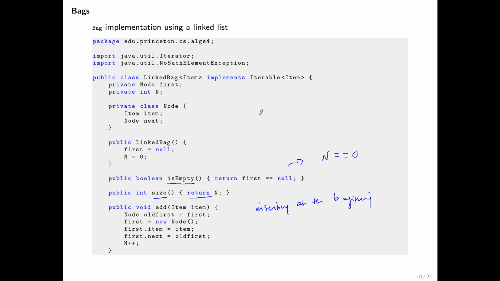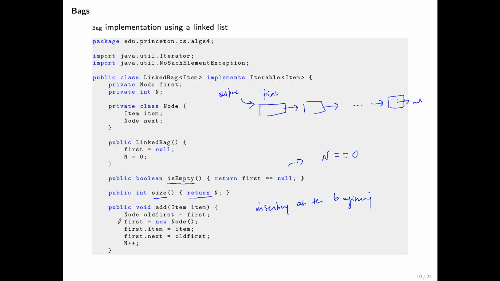So you have a first that is pointing to the very first node, and then you have these other nodes. Right, and then what we are saying is we are creating a new variable called old first, which is pointing to what first was pointing to. So old first is also pointing to that.